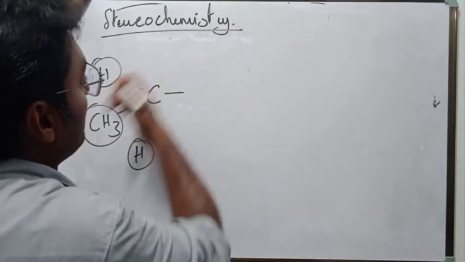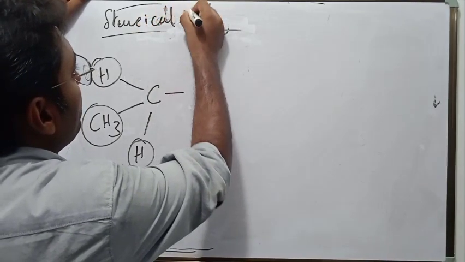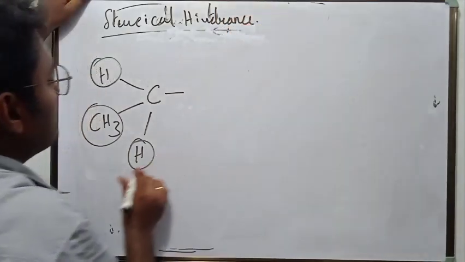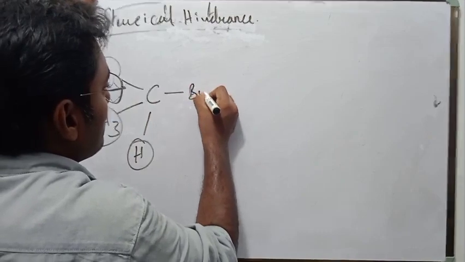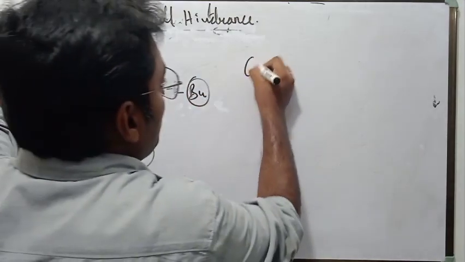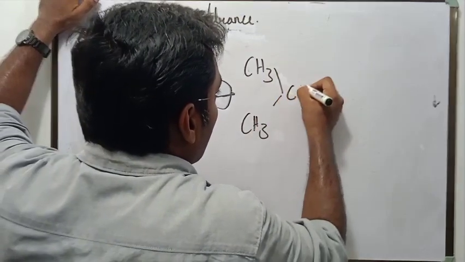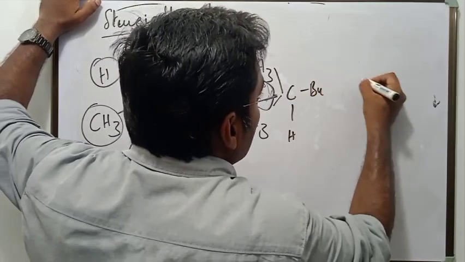This is the primary alkyl halide. Now I am going to draw secondary alkyl halide. And now I am going to draw the tertiary alkyl halide.